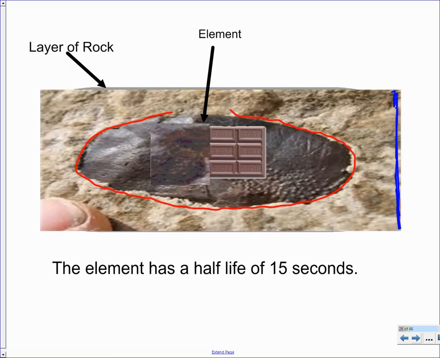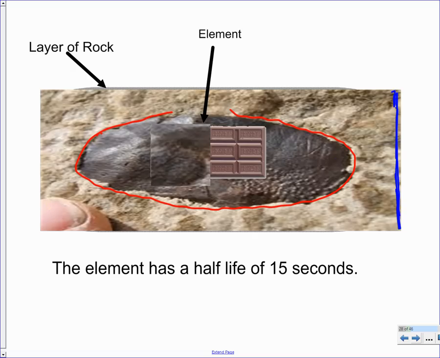No, we're only counting to 15. 15 is the half-life span. So after 15 seconds, we only have half of that element. If scientists were to dig up this fossil and take a look at the element that is present, and saw that they only had 50% of the element, they would say that that fossil is how old? 15 seconds. And another 15 seconds, what should happen?